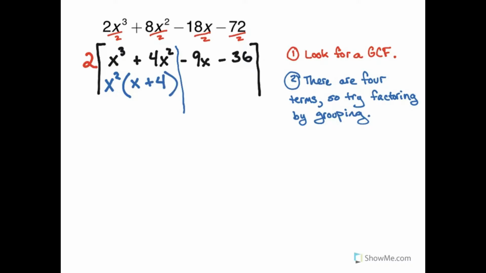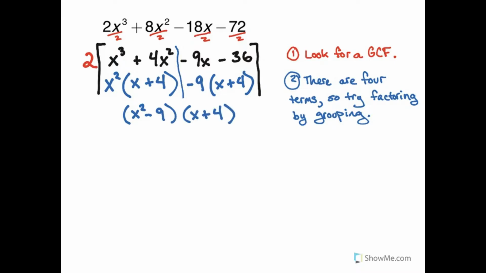In the second half, I have negative 9 and negative 36. 9 does go into 36, so I factor out negative 9 and I get x plus 4. Well, when I put the two parts together, I have x squared minus 9 times x plus 4.